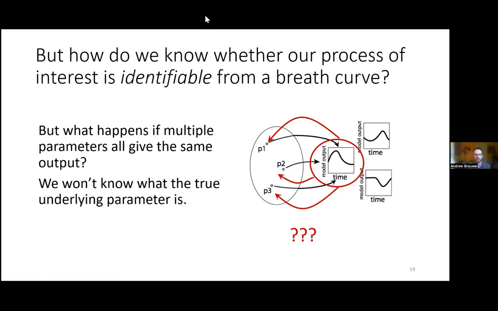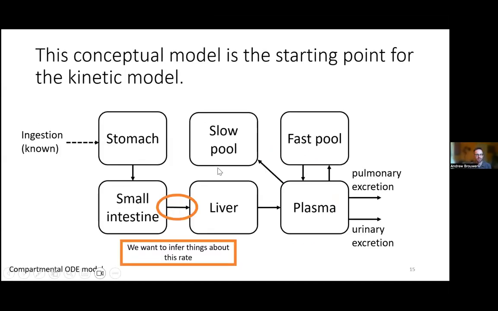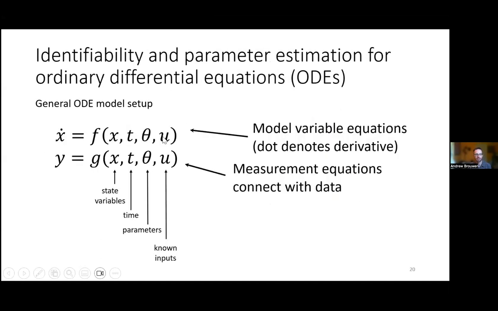I have a question I just posted in the message, but I'll read it. Can you clarify the type of functions f and g? Are they just polynomial, or do they involve any derivative of x, theta and u? Let's see. So f and g have to be rational functions of x.